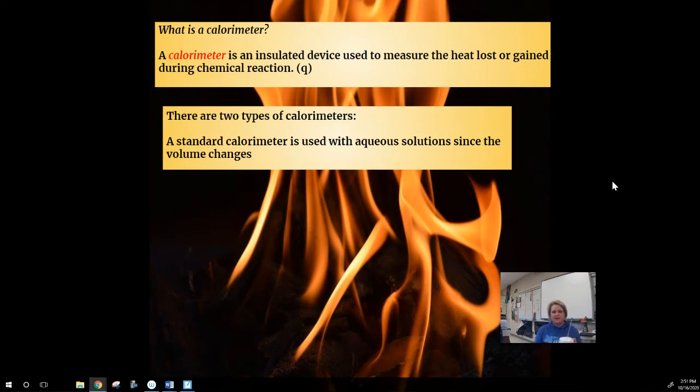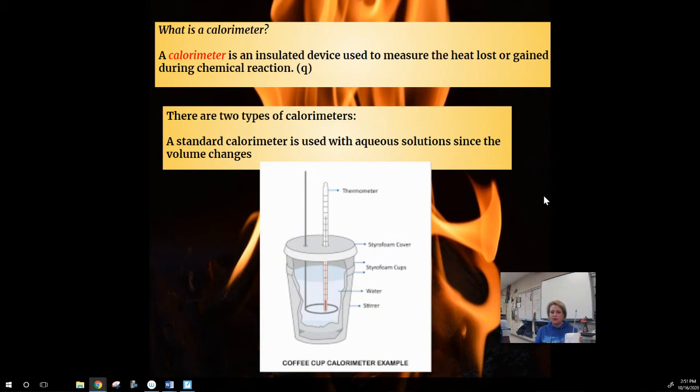I'm holding up a standard calorimeter, otherwise known as a coffee cup calorimeter, because you can make your own using coffee cups at home. This is not a coffee cup, but it's styrofoam. There are these components here. You've got your insulated container, insulated lid, a hole for just the thermometer to fit through, a hole for a stirring stick to fit through.